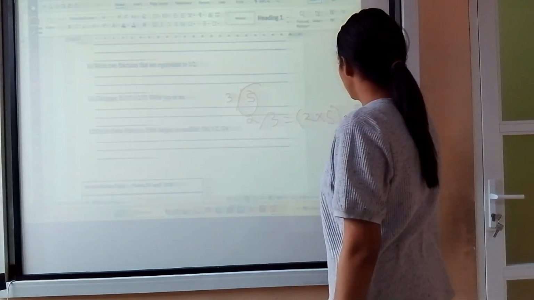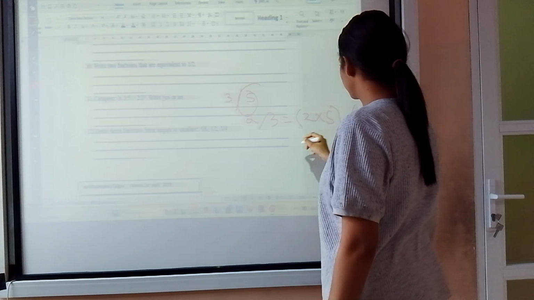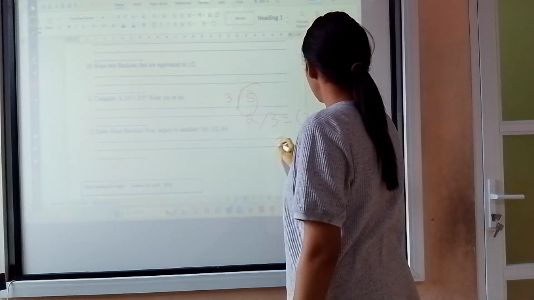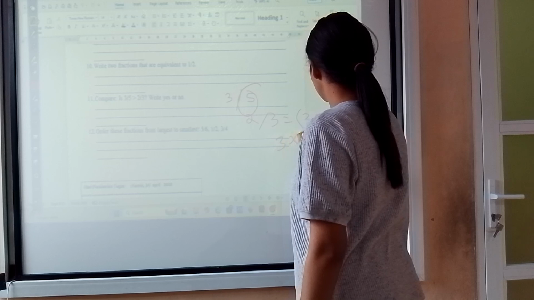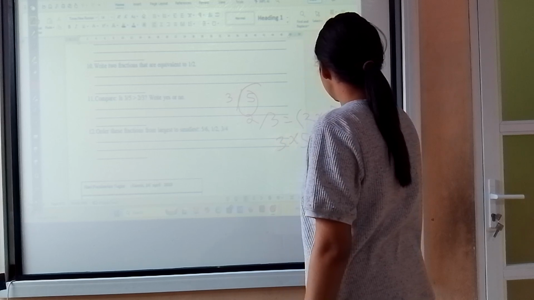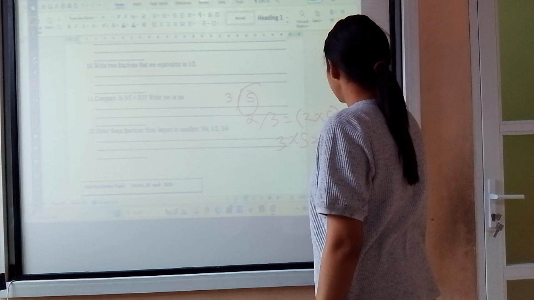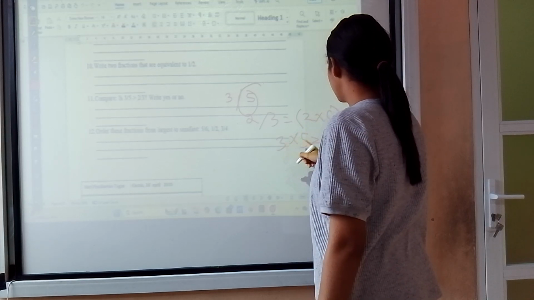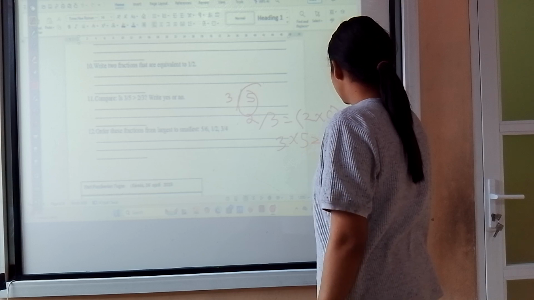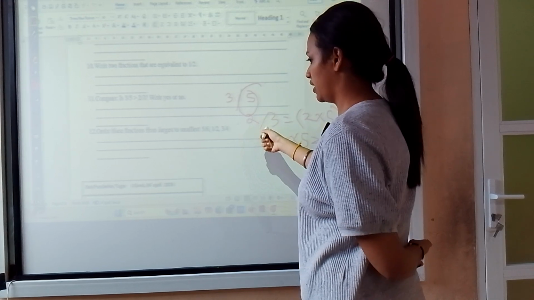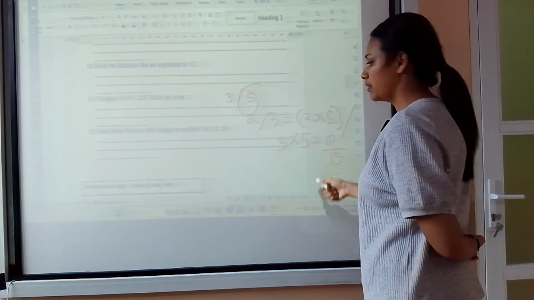Next, 3 times 5 equals 15. 2 times 5 equals 10 per 3 times 5 equals 15. So 2 over 3 can be 10 over 15.